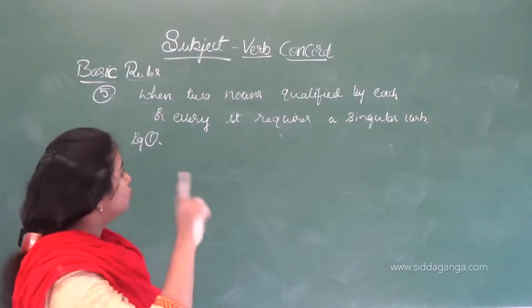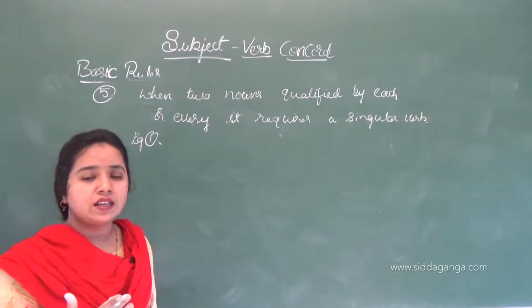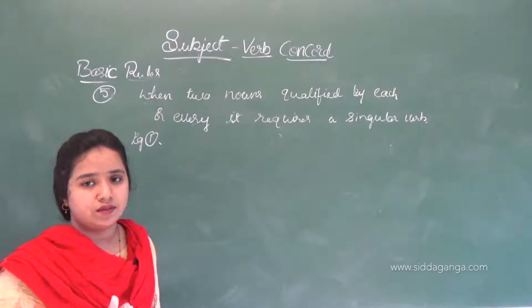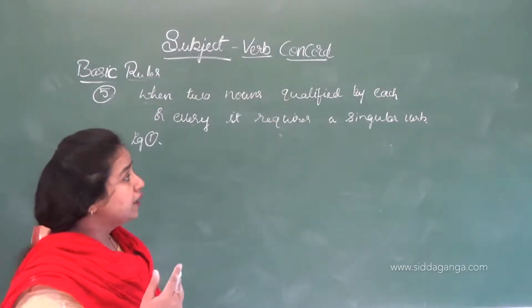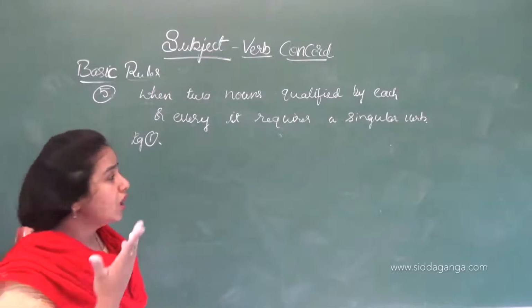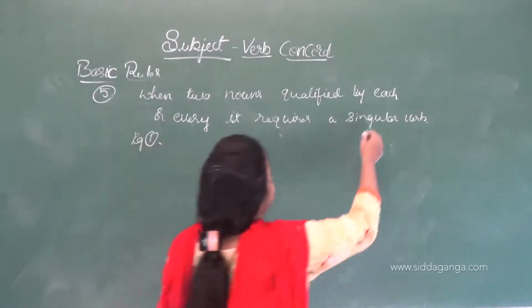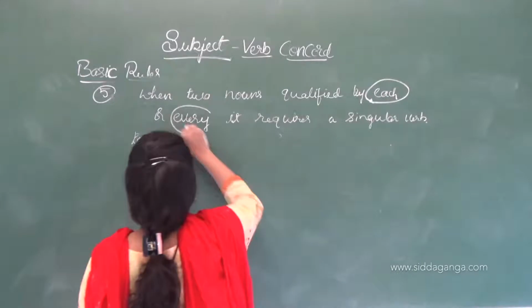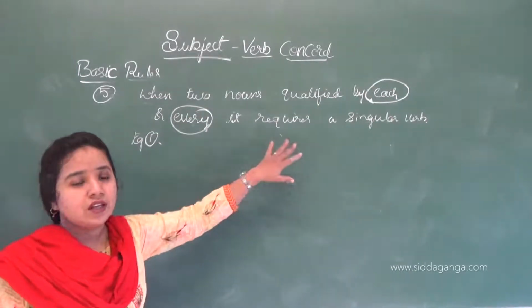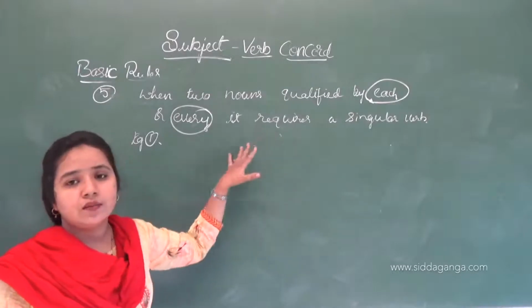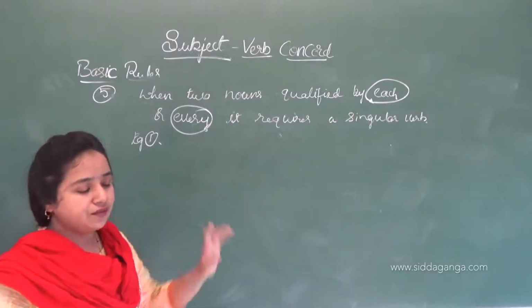Okay, so what is the rule here? According to this fifth rule, when two nouns are qualified by each or every, it requires a singular verb. So if in a sentence there are two nouns qualified by each or every, a singular verb is required. What verb is required? The verb is required as a singular verb.